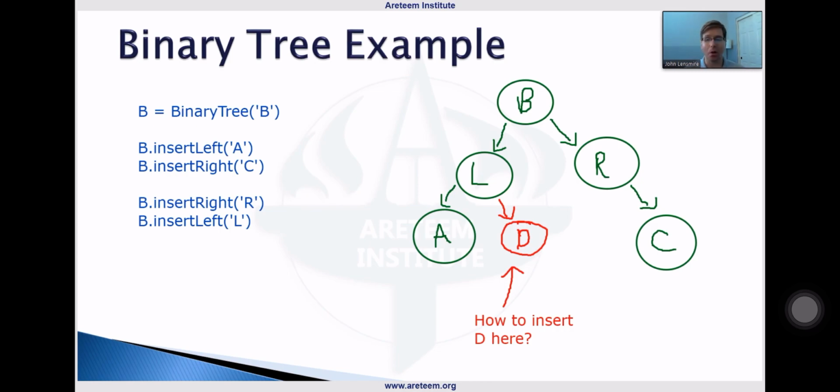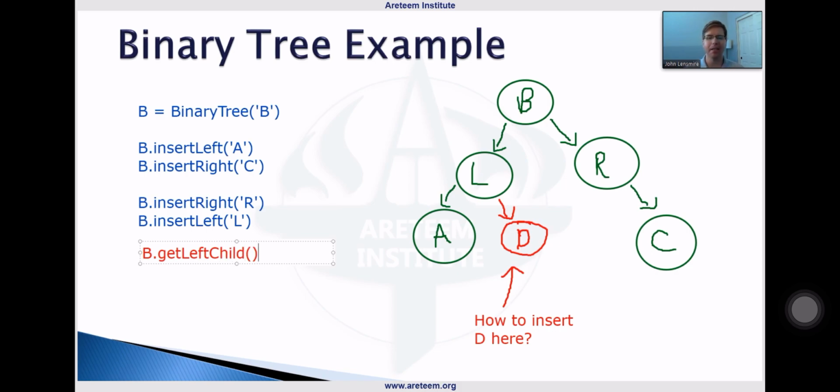Well, first of all, we need to be talking about the left child, so we need to talk about that left subtree. So our first step here is, and let me just match this in red, we're going to first need to get that value. So we get the left child.